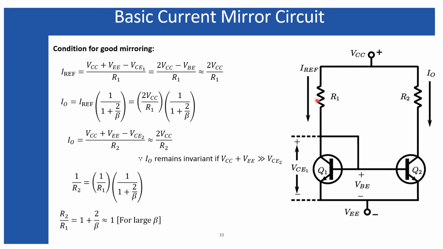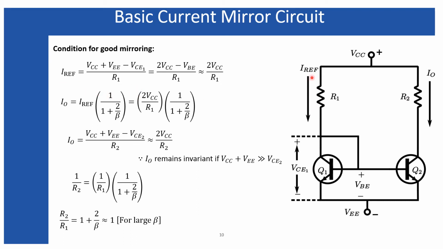Therefore, another element must be placed on top of this bipolar junction transistor in order to limit the current, and here I have placed a resistor R1. This R1, by limiting the current, is defining this reference current Iref, and that current is being copied and becoming I naught through the resistance R2. Then what should be the relation between R1 and R2? That is the condition I am defining in this slide.